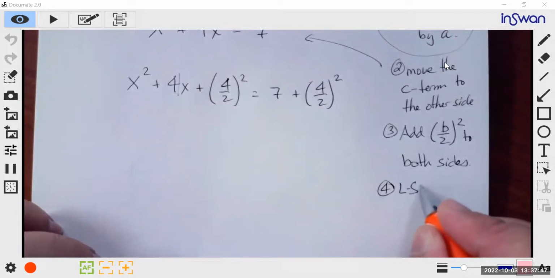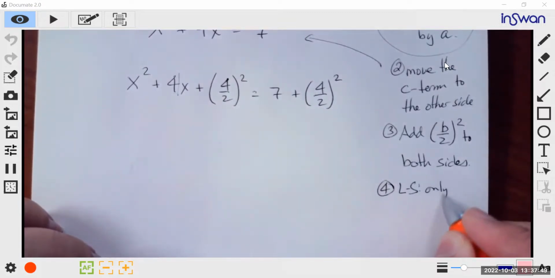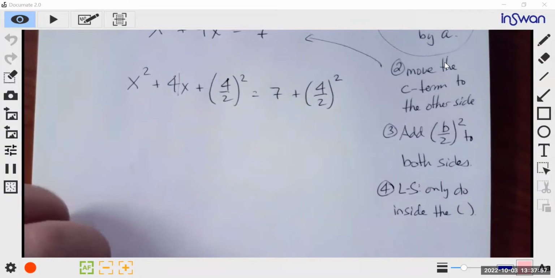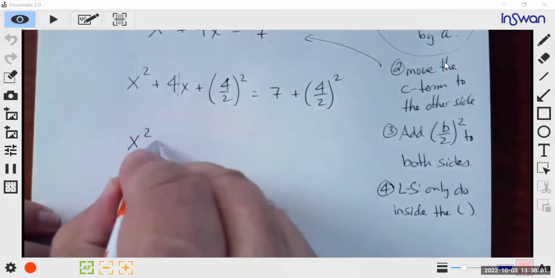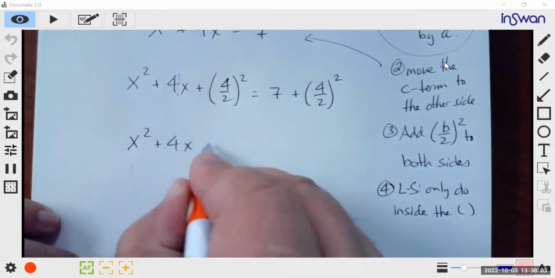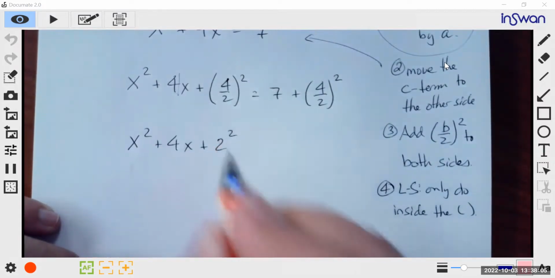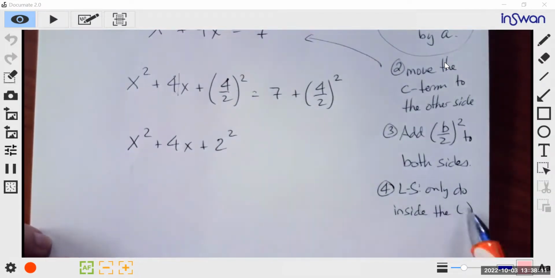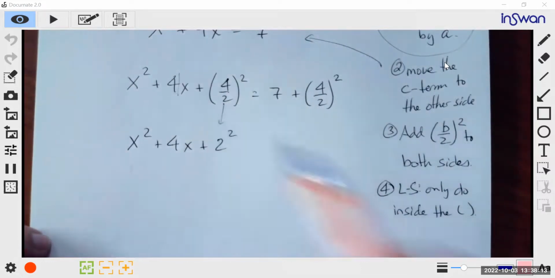We do it to both sides. On the left side, only do what's inside the parentheses. Don't square it. I'll show you why in a second.